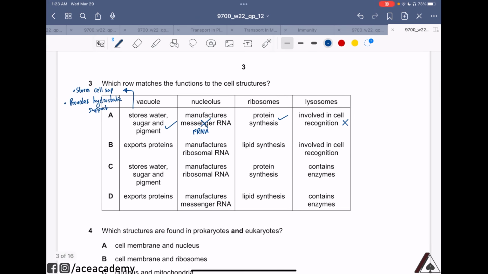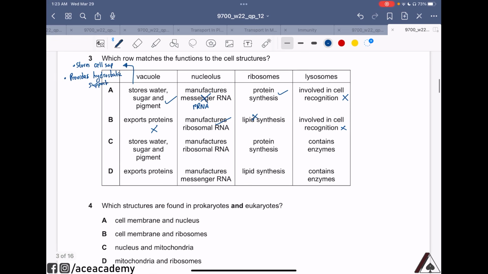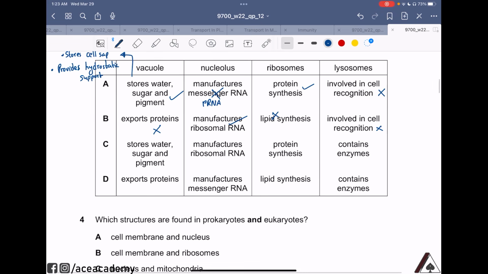Okay, let's look at B. Exports proteins? No, it doesn't. Nucleolus manufactures rRNA. Correct. Ribosomes, lipid synthesis? No. Lysosomes involved in cell recognition? No. Option C. Stores water, sugar, and pigment. Correct. Manufactures rRNA. Correct.